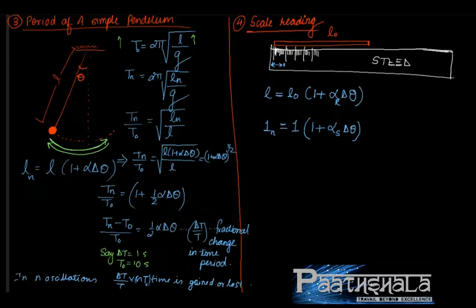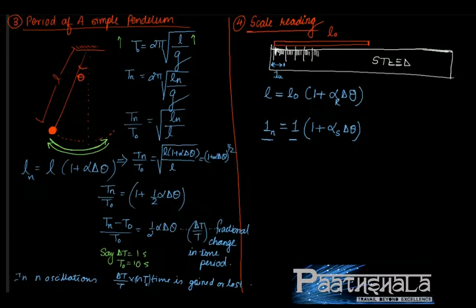So the new value of 1 unit is equal to the old value of 1 unit times (1 + alpha scale delta theta), and the new length of the rod is equal to the old value times (1 + alpha rod delta theta). Make sense to you? Okay, good.